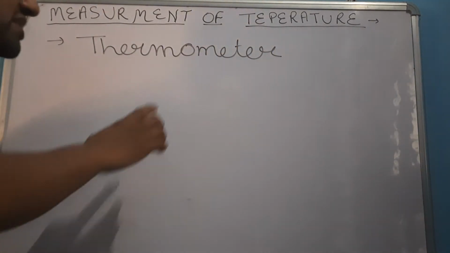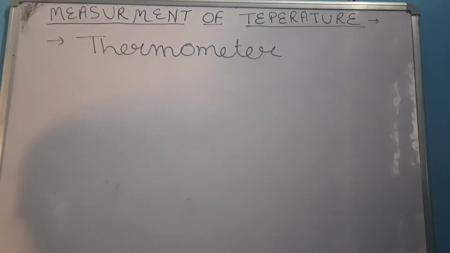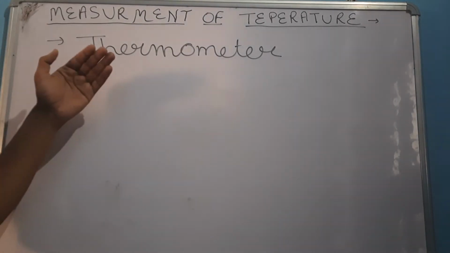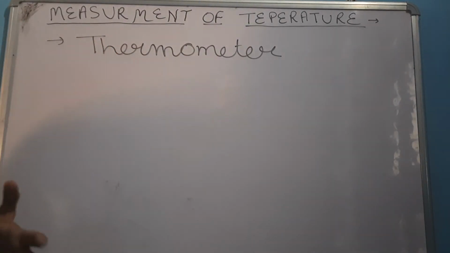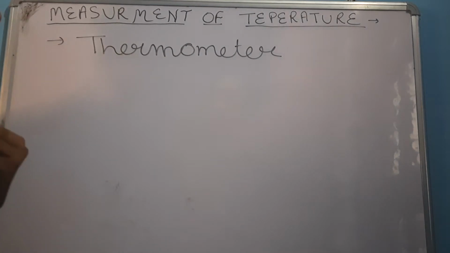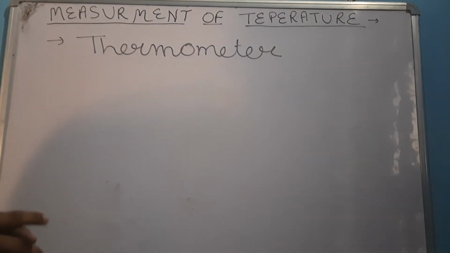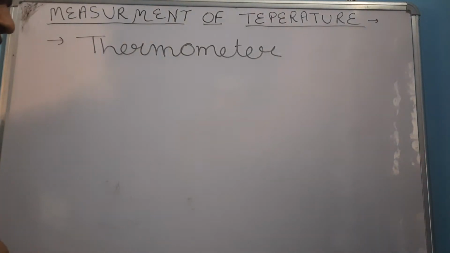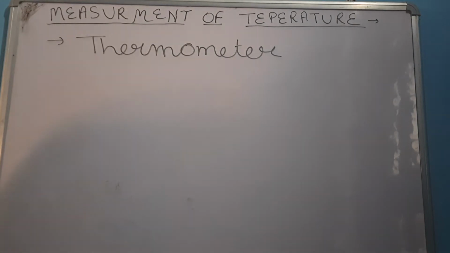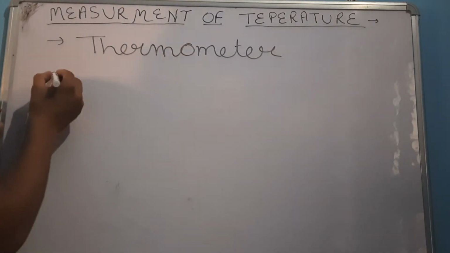Okay, how does this thermometer measure the temperature of bodies? We know that substances change their properties when we provide them heat or temperature. Some bodies start to expand and some bodies start to compress. But in the case of this thermometer, we take liquid.